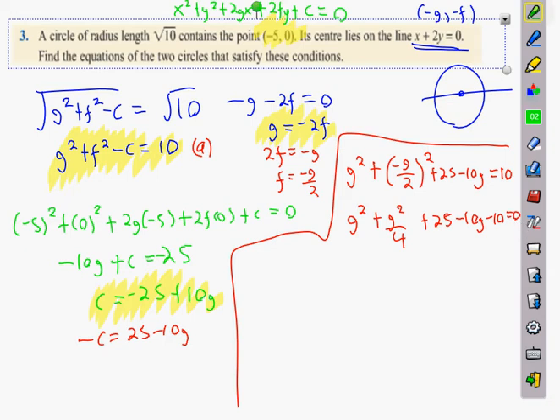I'm going to multiply everything by 4: 4g squared plus g squared gives 5g squared, 4 times 25 is 100, 4 times -10g is -40g, 100 minus 40 is 60. So 5g squared minus 40g plus 60 equals 0.